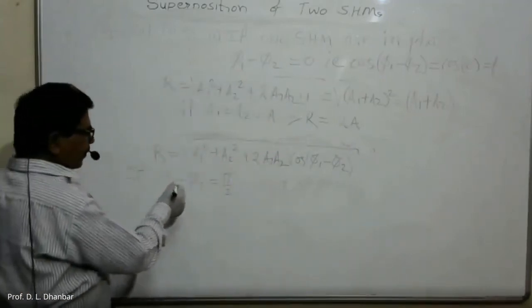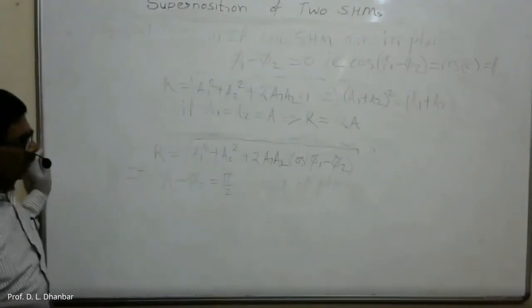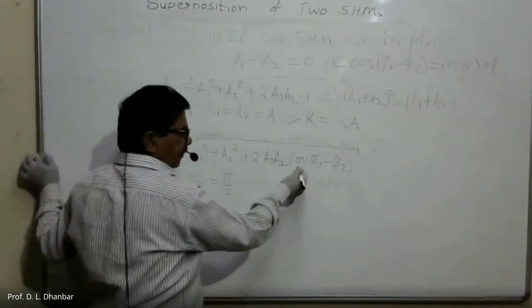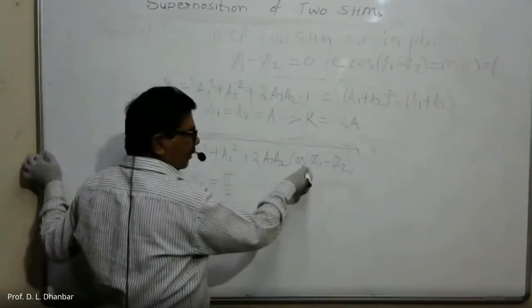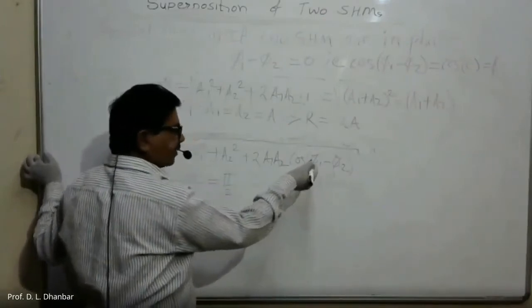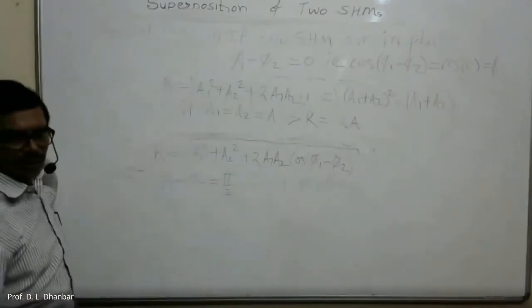So in that case, if phi 1 minus phi 2 is equal to pi by 2, and you substitute it here, cos of phi 1 minus phi 2 means cos of pi by 2, which is equal to 0.